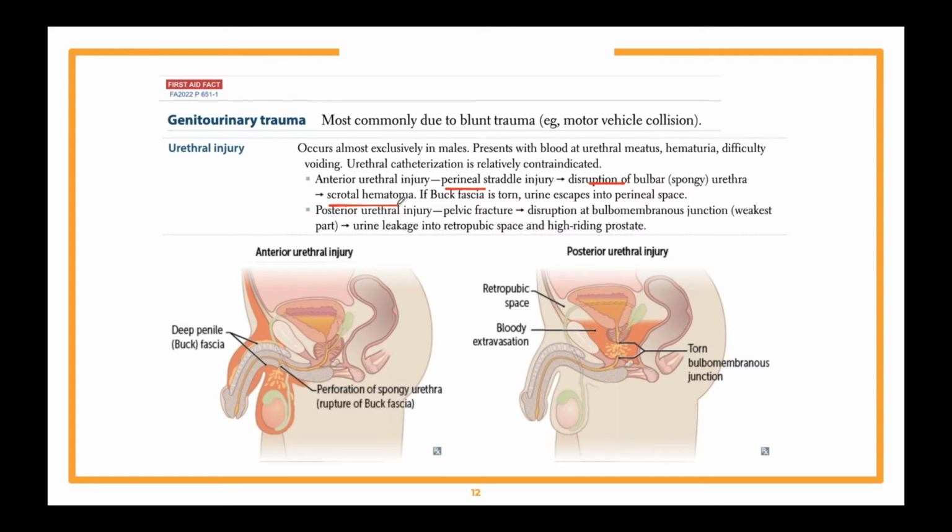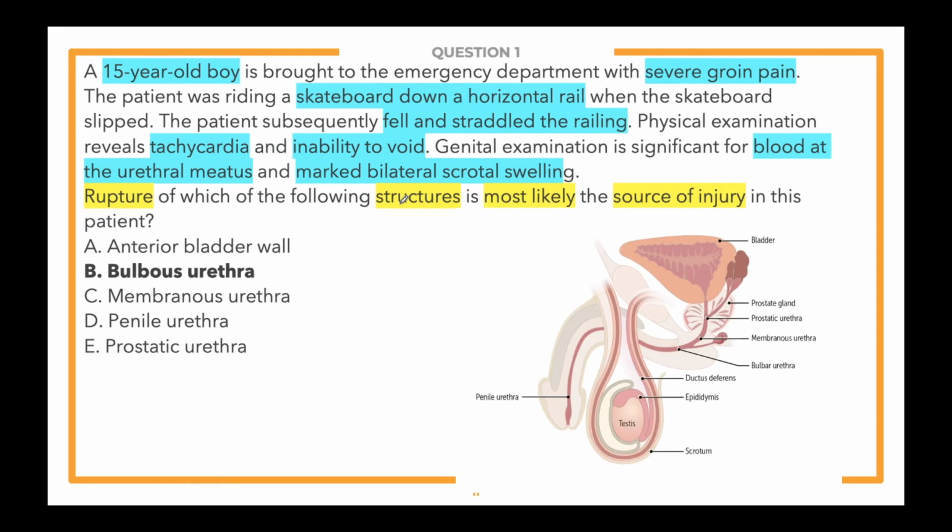So if we take a look back at our question and vignette, and don't worry, there's still an image there showing the different types of urethra segments. If you were to worry about a prostatic urethral rupture, those are actually pretty rare. That can be if you were putting in a catheter wrong or the pelvis broke, but as you can see there, that's very close to the bladder, and it's well protected by that prostate.